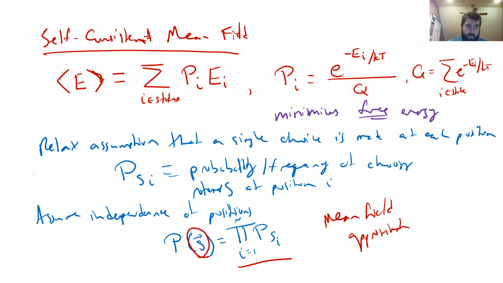What this requires is that the sum over s_i of P(s_i) has to equal 1 for all positions, right? Their probabilities, the sum of all possible choices at a particular position has to add up to 1.